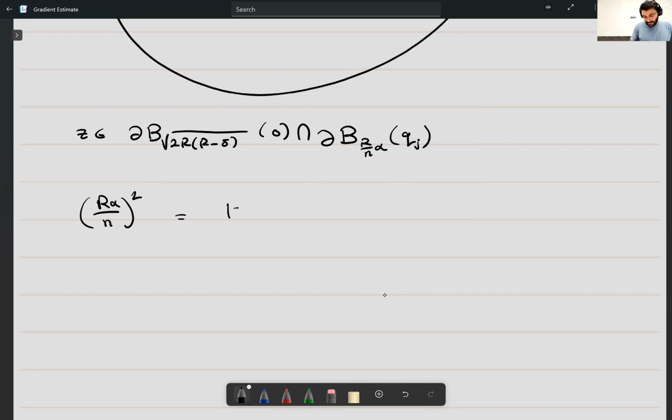So I'm trying to estimate this thing, Z comma en plus 1. So this is Z minus qj squared.